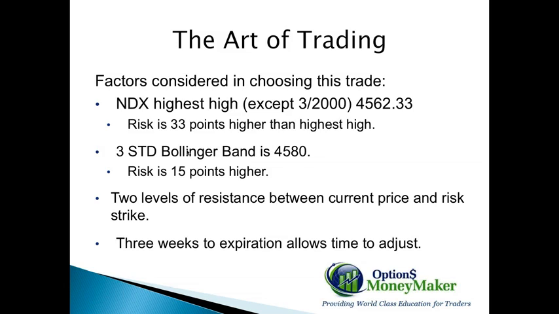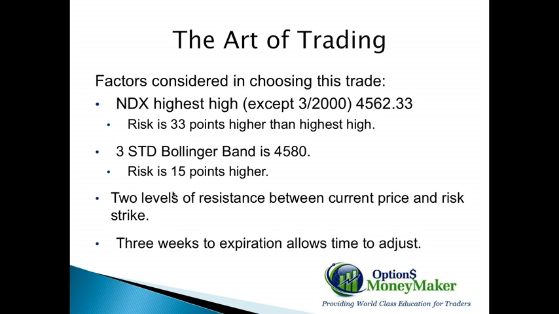We also use Bollinger Bands. It's the primary tool we use for technical indications. And we use 2 and 3 standard deviation Bollinger Bands. Now the 3 standard deviation Bollinger Band was set at 45.80, and we placed our risk another 15 points outside of the 3 standard deviation Bollinger Band.